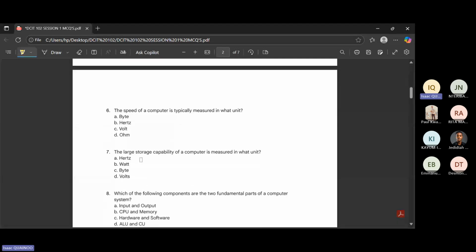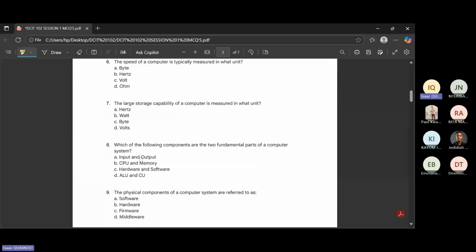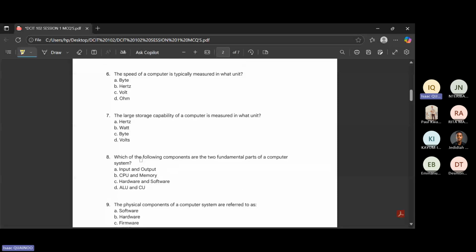So the speed of a computer is typically measured in watts. We stated this also the last time. The speed of a computer is measured in watts units. Who would want to answer that for us?